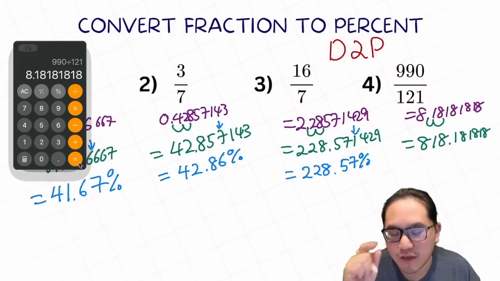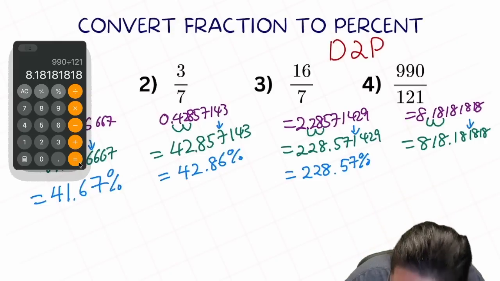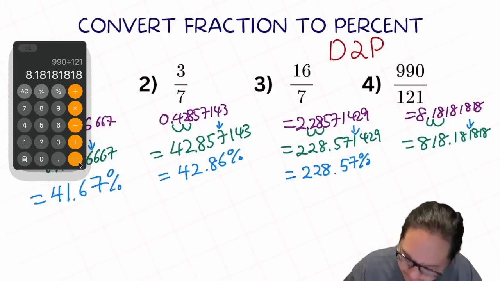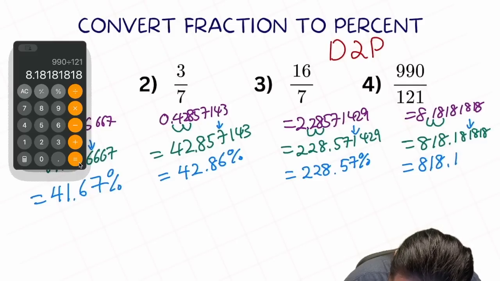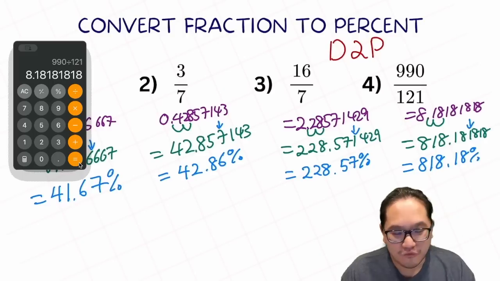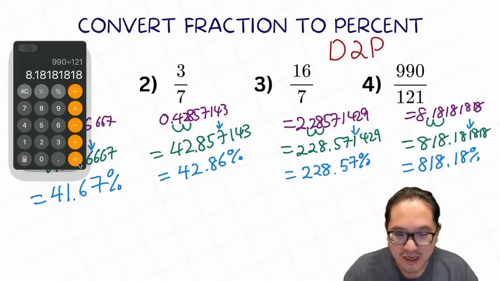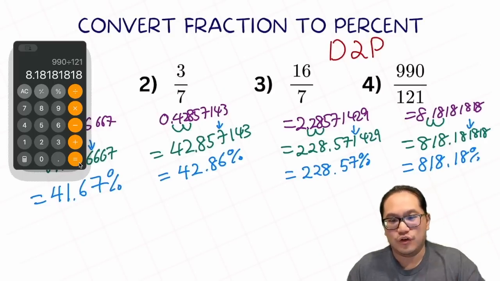And now we're going to locate the 1000 unit, which is right here. It's 1. So it's less than 4. So we know that we need to round down. So our answer will be 818.18%. The fraction to percentage is just a 2-step process. First, you need to convert it to decimal.